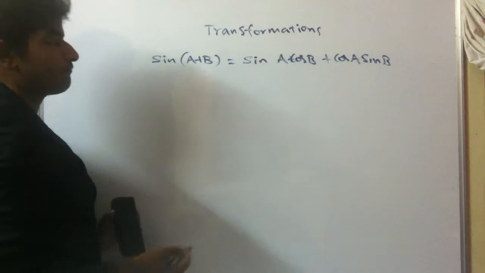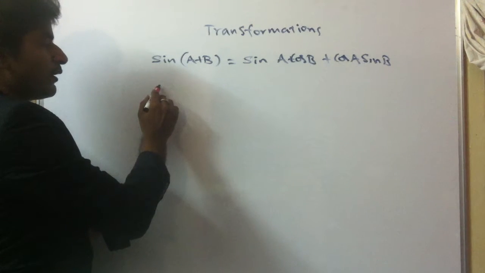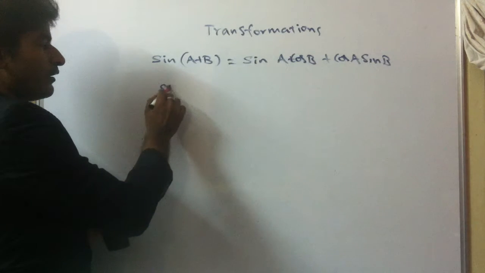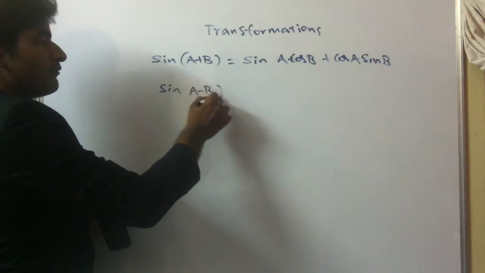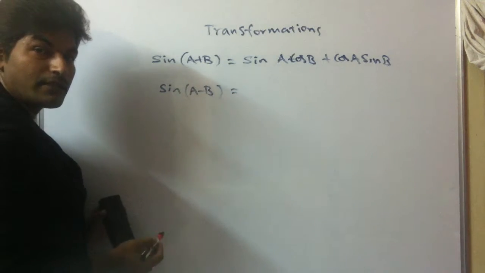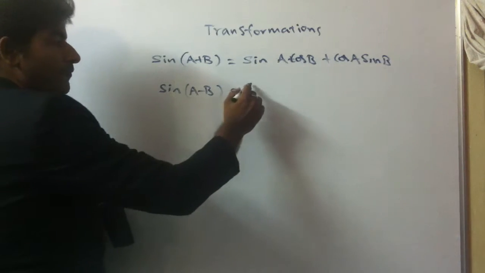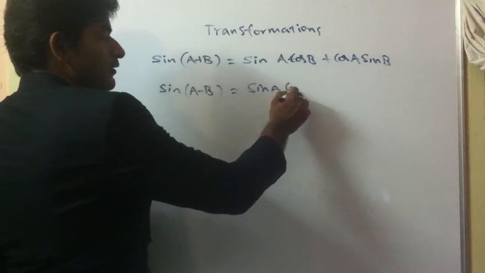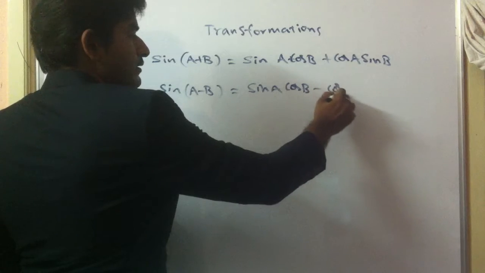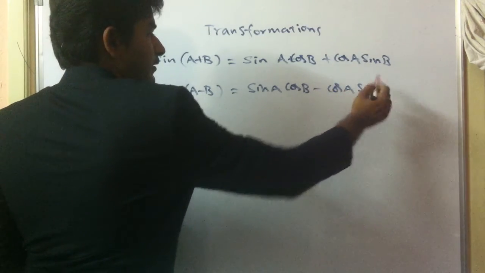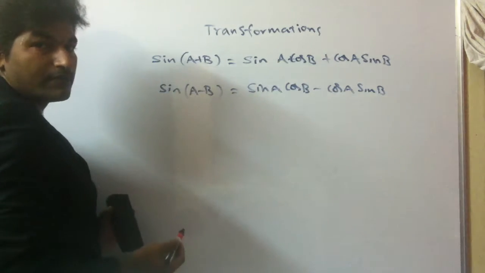Okay. And next you have to recall the formula for sine of a minus b: sine a cos b minus cos a sine b. Right?